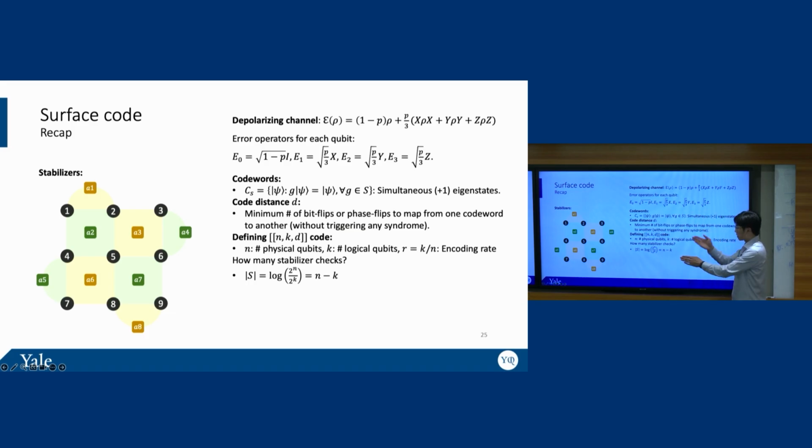Every stabilizer cuts the 2^n Hilbert space in half. If you're doing that n minus k times, that's the number of stabilizers you have. Each subspace you remain with is dimension 2^k, allowing you to define k logical qubits. So given an [[n,k,d]] code, you know that you have to define n minus k stabilizers for it.